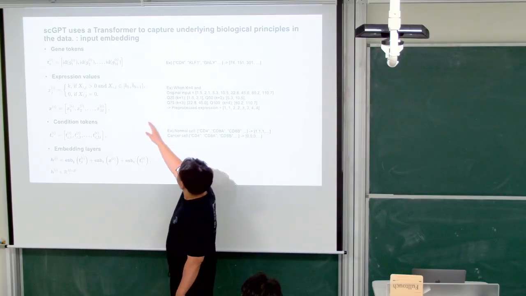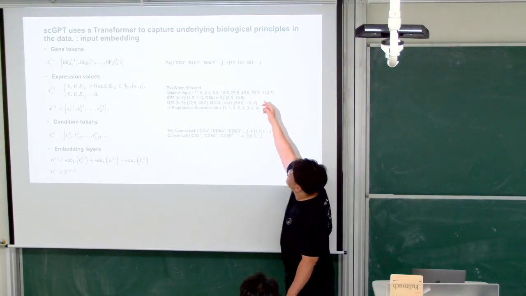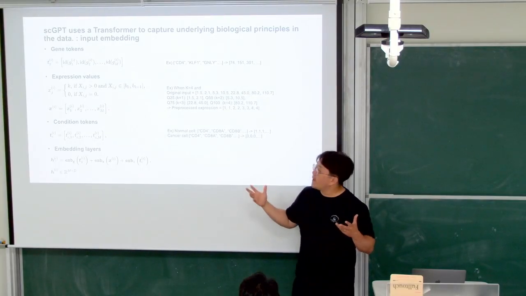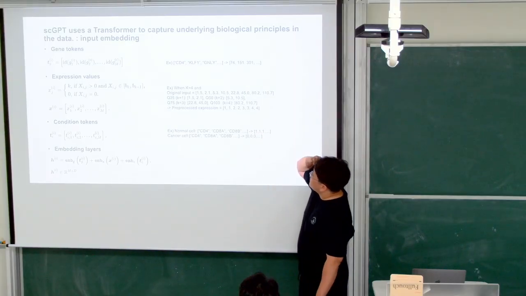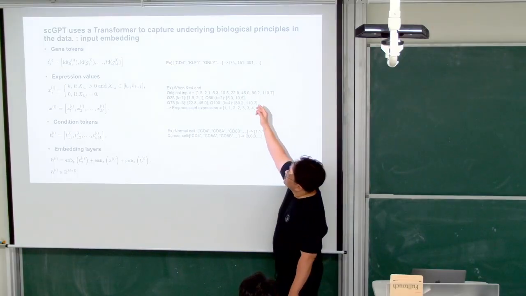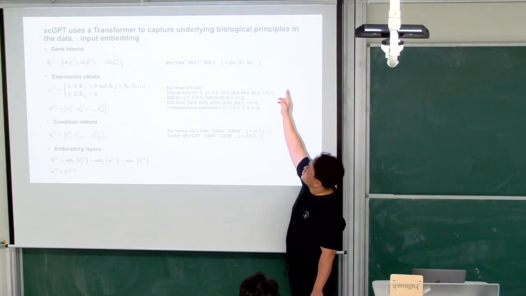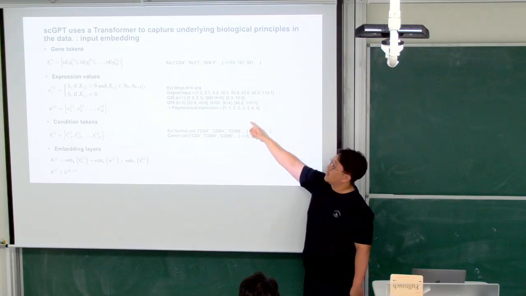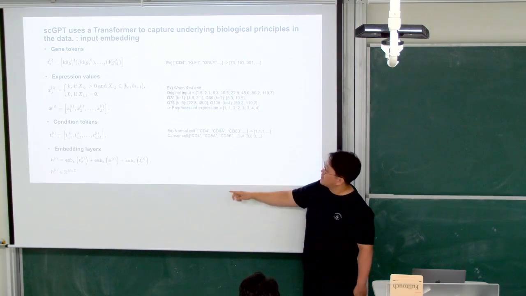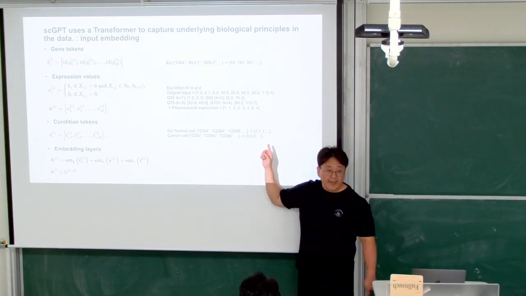Let's say we have m genes. Then the length of the gene token should be m, the length of the expression value should be m, and the length of the condition token should be m.